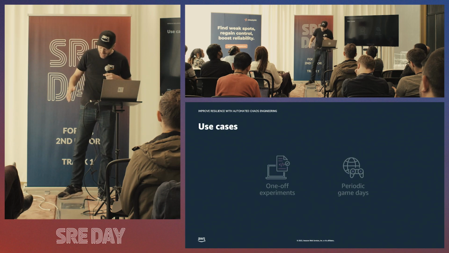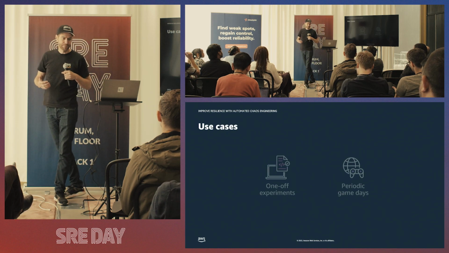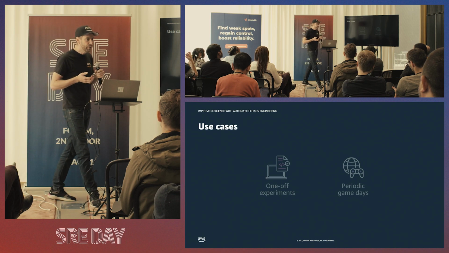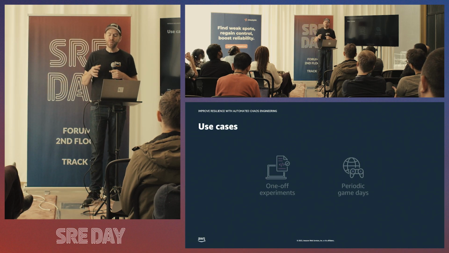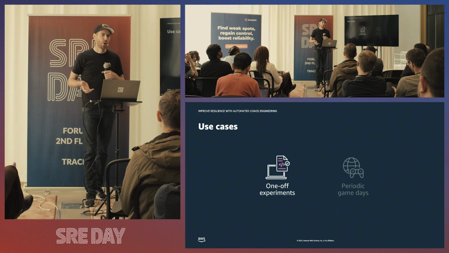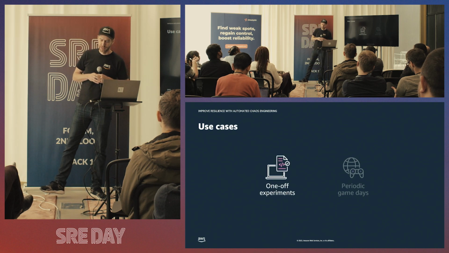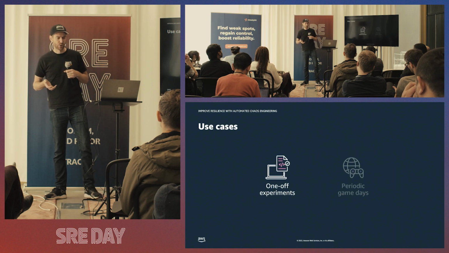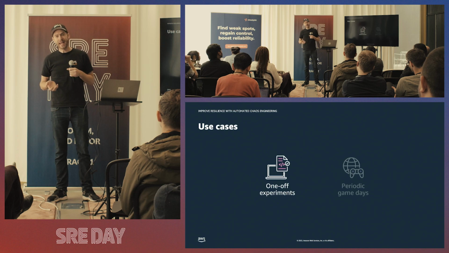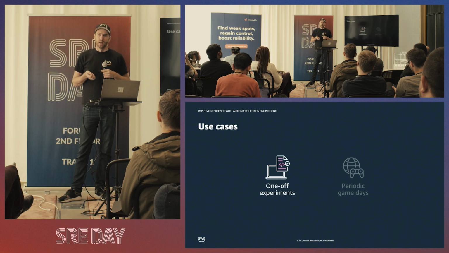And today at AWS, we're seeing customers using chaos engineering quite a lot, and the usage is really growing. And we've seen two very clear use cases emerge. The perhaps most common way of doing chaos engineering experiments is creating what we like to call the one-off experiments. And this is when you create an experiment by, for instance, looking at previous outages or events for your systems.